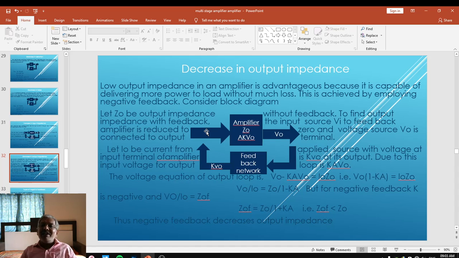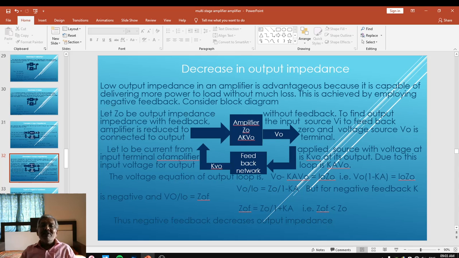That means, to prove that there is a decrease in output impedance, we have reduced the input source to 0 and connected only the output source Vo. Internally, it has its output impedance Zo, having the source A into K into Vo as far as the basic amplifier is considered. With these considerations, let Zo be the output impedance without feedback.